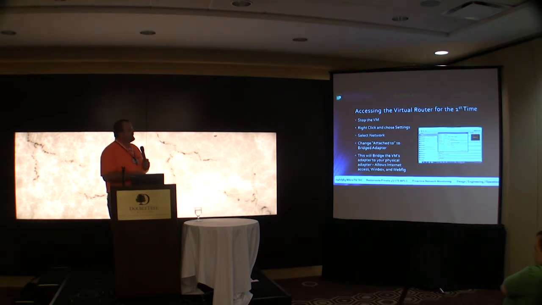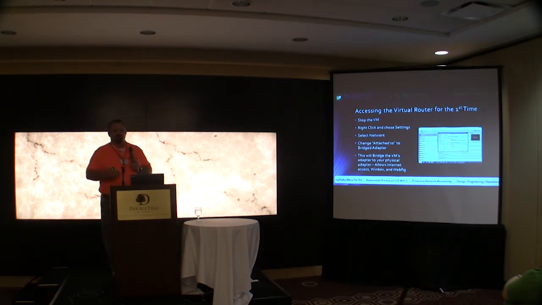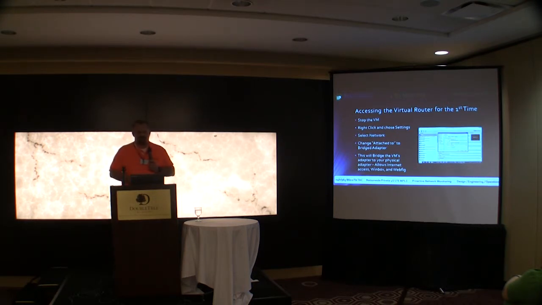To get there, we simply highlight the virtual machine we want, hit Settings, choose Network, and then change the interface. You can barely read this, but where it says Attached to, the default will be NAT, and we're going to change that to Bridged, and we'll bridge it to our physical interface. At that point, we can pull a DHCP address or however we want to get online.